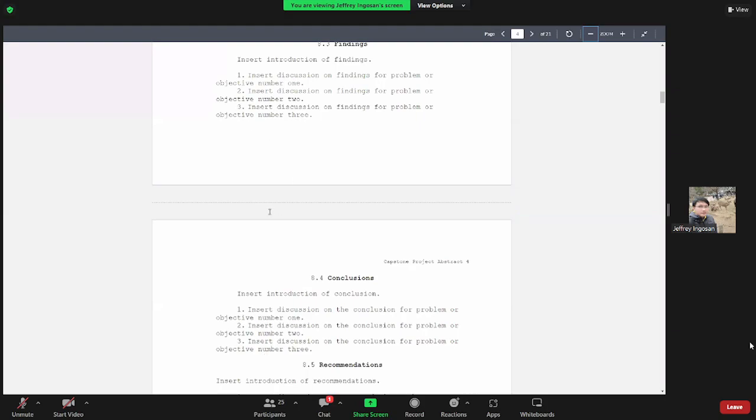So one good example is, for example, statement of the problem number 1 would be what are the requirements. So in the findings, you will enumerate the requirements to design and develop the proposed system are the following.